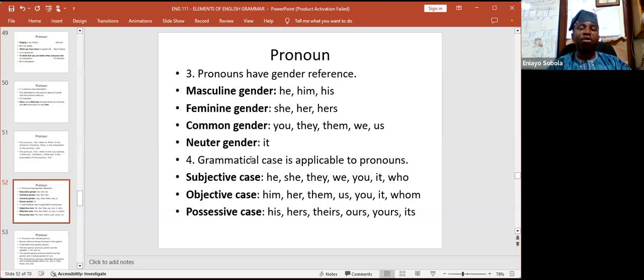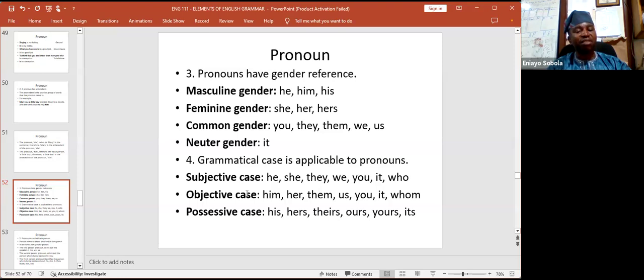The number 4, grammatical case is applicable to pronouns. So just like nouns, we now have case in pronouns: subjective case, objective case, and possessive case. For subjective case, we use the subjective pronouns he, she, they, we, you, it, who.